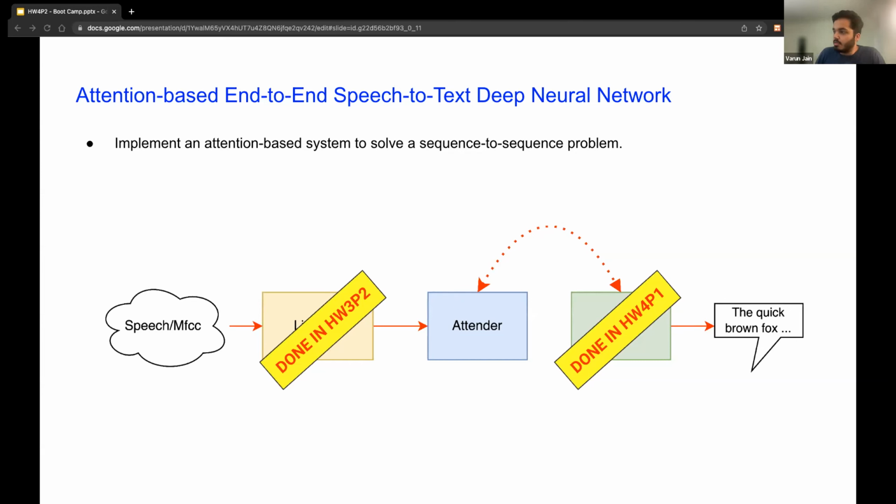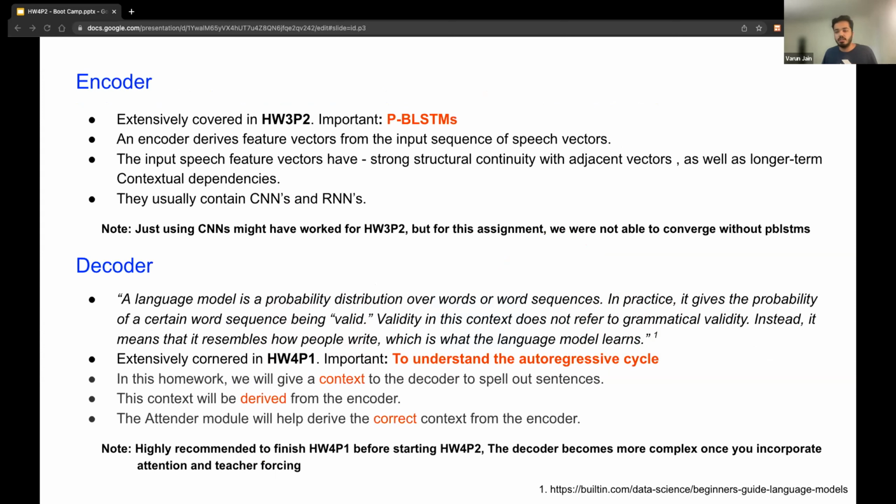Let's move forward to talk more about the encoder and decoder and what you can experiment with. As we have seen in the previous homeworks, encoders are feature encoding modules that encode speech into feature vectors, or an encoding vector space. These feature vectors are derived from the input speech sequences, and they have strong structural continuity with adjacent vectors as well as long-term contextual dependencies.